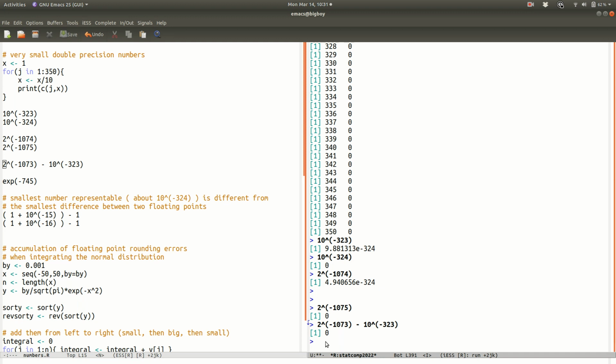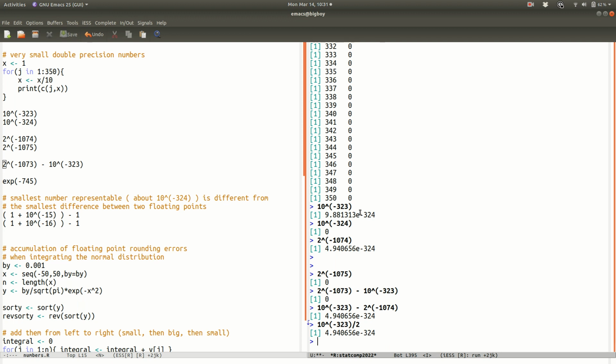Let's do 10 to the minus 323 minus 2 to the minus 1074. Okay, so you get this number. This is the difference between this and this in the binary system. And I believe this is also, let's see, 10 to the minus 323 divided by 2. Yes. So the gradation between these numbers is this much at this point in the floating point number system.